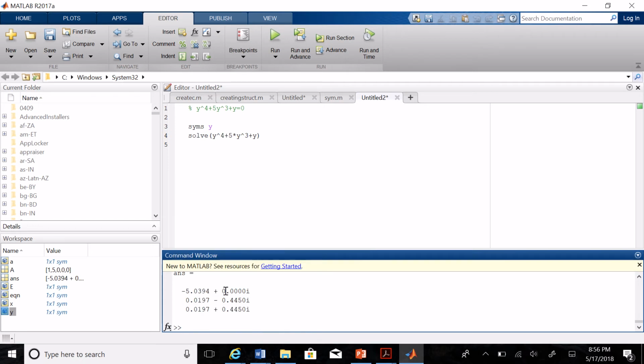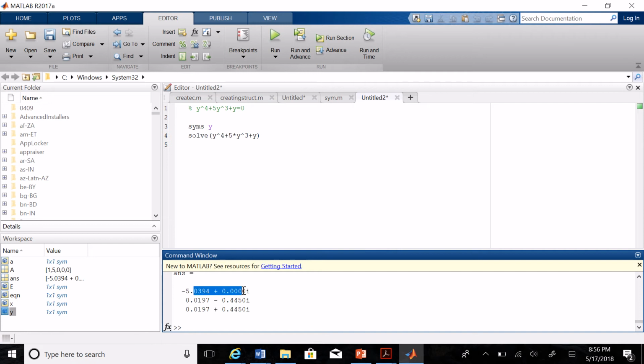This one, the imaginary part is multiplied by 0, so there is no imaginary part. It's almost minus 5. The first answer is 0. The second answer is root of that, so you get 3 answers.